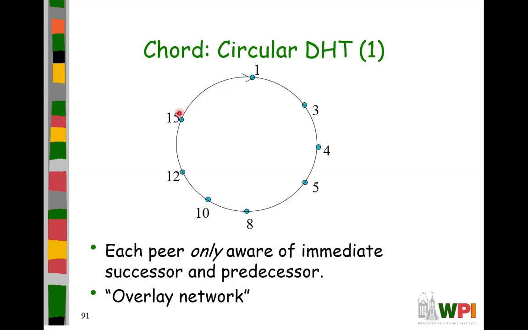They are connected to their successor and predecessor. Each peer is connected in this circle to its successor. The successor of 1 is 3, the successor of 3 is 4, the successor of 4 is 5, and so on. Similarly for the predecessor, the predecessor of 3 is 1, and the predecessor of 1 is 15. This is in a circular form.